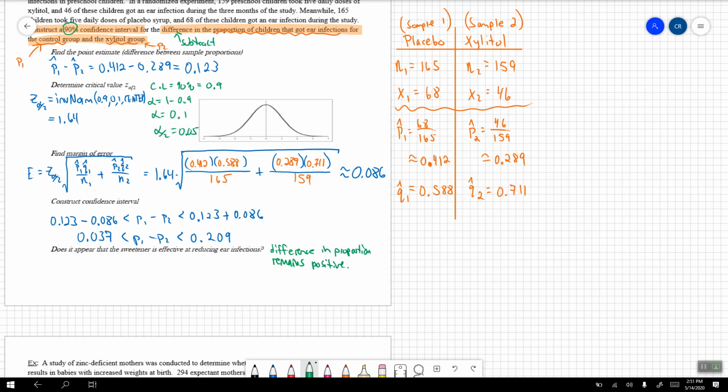Now, because there is a significant difference, is it going to prevent ear infections or not? Looking at sample 1 and sample 2, sample 1 placed higher in relation to its proportion. Sample 2 placed lower. So who had the lowest amount of ear infections? That's the xylitol group. So is this effective? Yes.